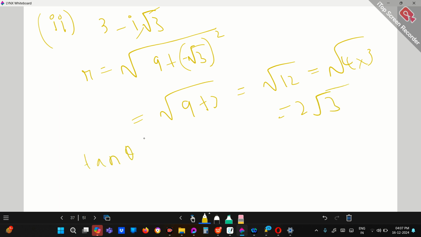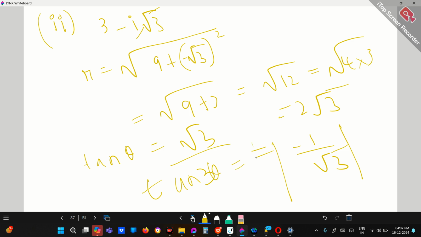So tan theta is equal to root 3 by 3, which is nothing but 1 by root 3, with a minus sign. One more important thing is that we do the modulus before considering the sign. Tan theta is equal to 1 by root 3, theta is equal to pi by 6.